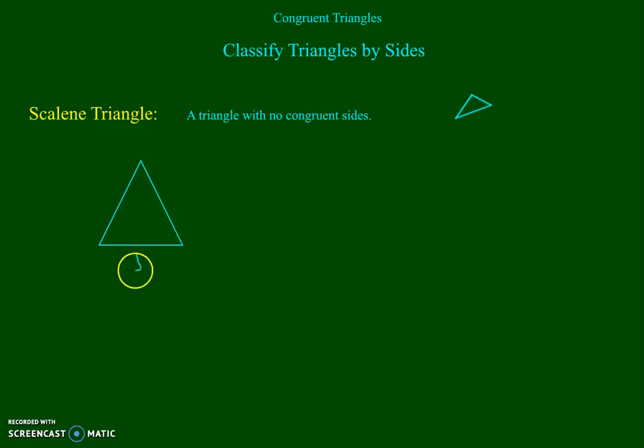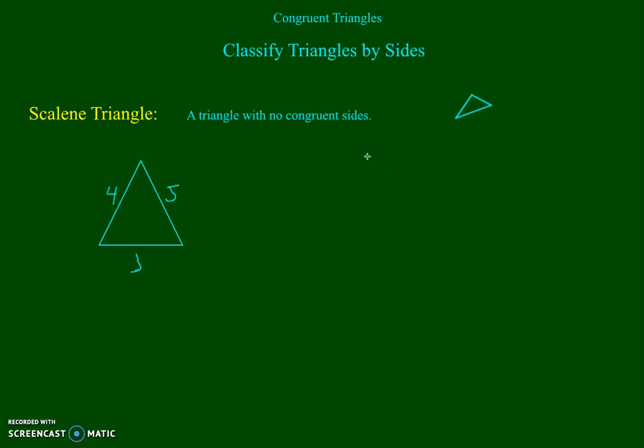I could say that's 3, that's 4, and that's 5. And obviously this is scalene, but it looks like it's equilateral. So never trust the picture. Scalene triangles are triangles with no congruent sides, despite what they may look like.